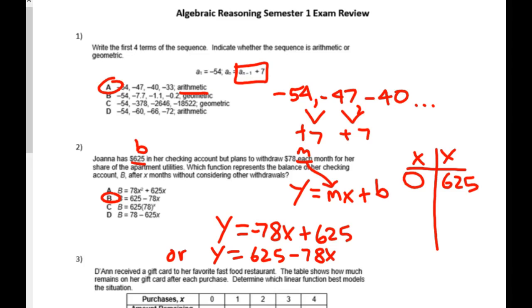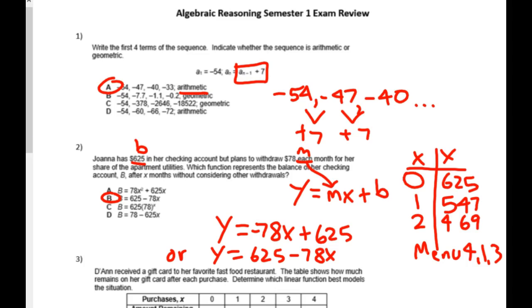So 625 minus 78, and then do menu 413. Get the same thing. Something like that.